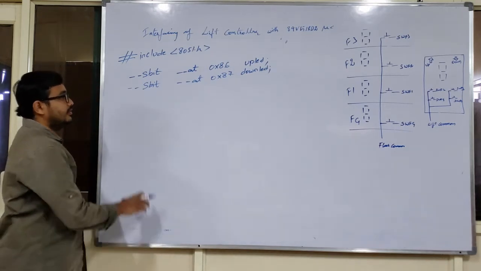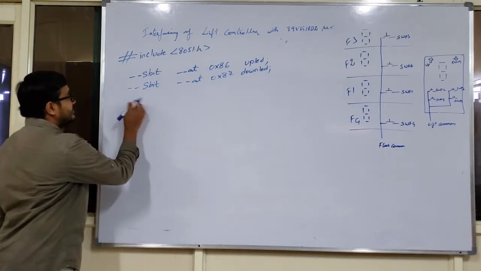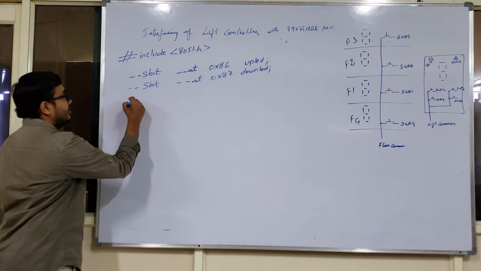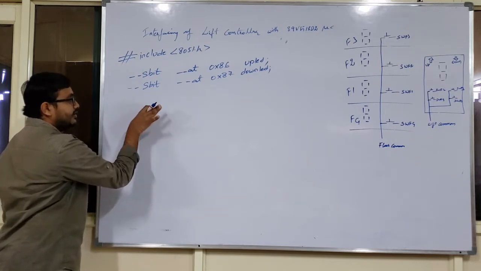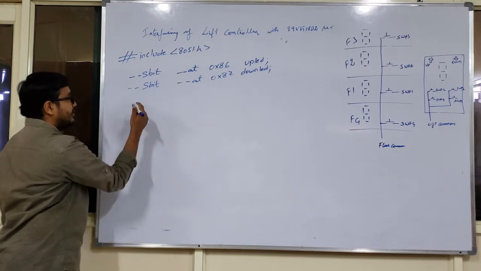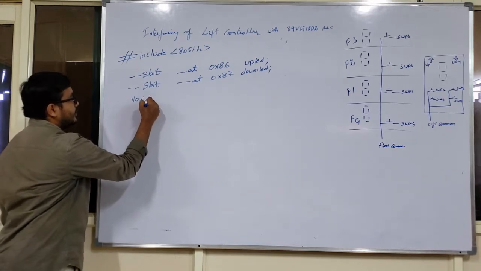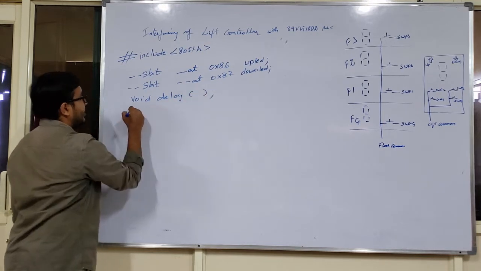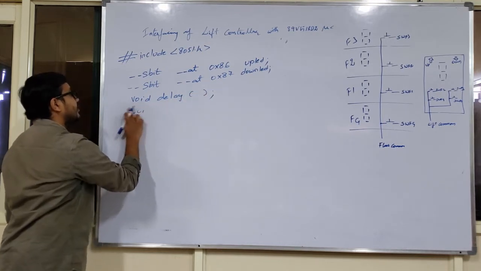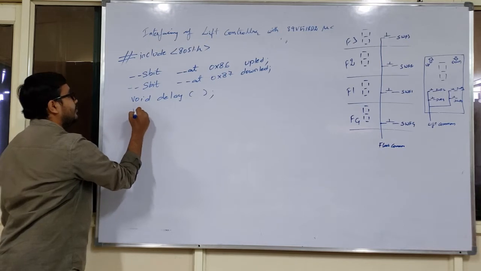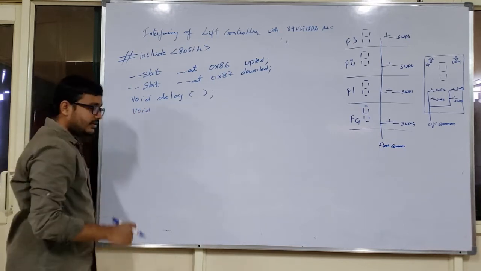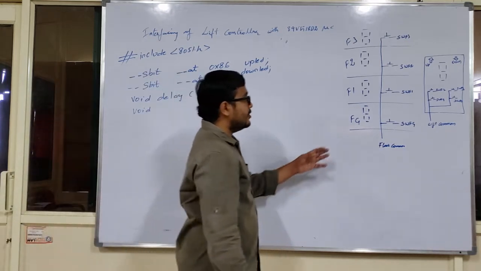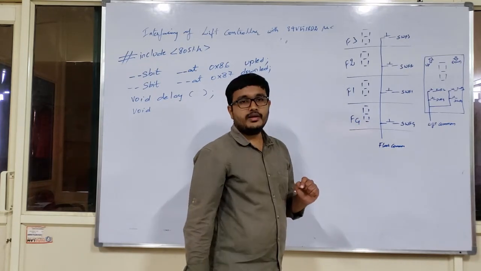Now, the same traditional programming: first declaring the function declarations or the prototype declarations. The first prototype declaration will be void delay, and next, the lift position is given by the 7-segment display.